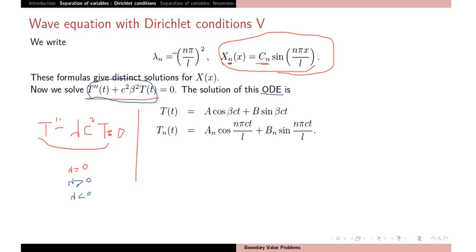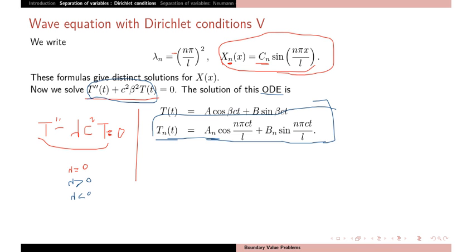So A cos(beta c t) and B sin(beta c t), similar to the X ODE. And beta is again n pi by L. So T is A cos, replacing A and B with A_n and B_n to show the variation with n. So this is the solution of the ODE in T.